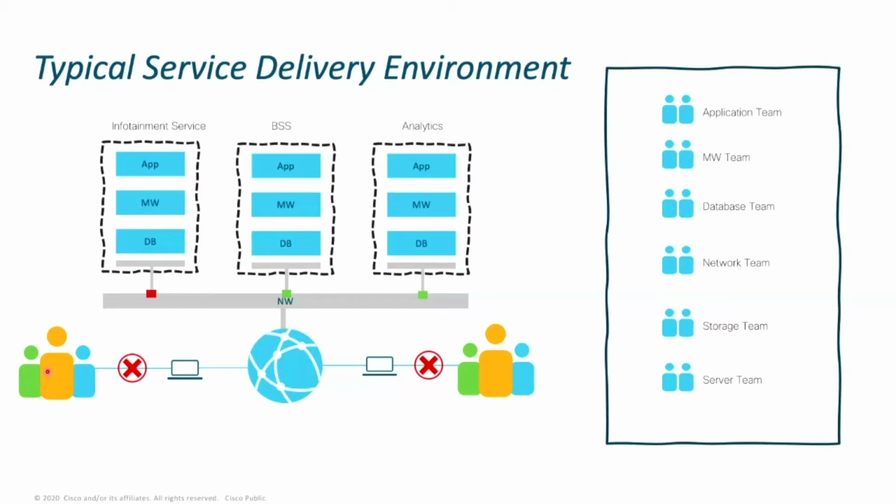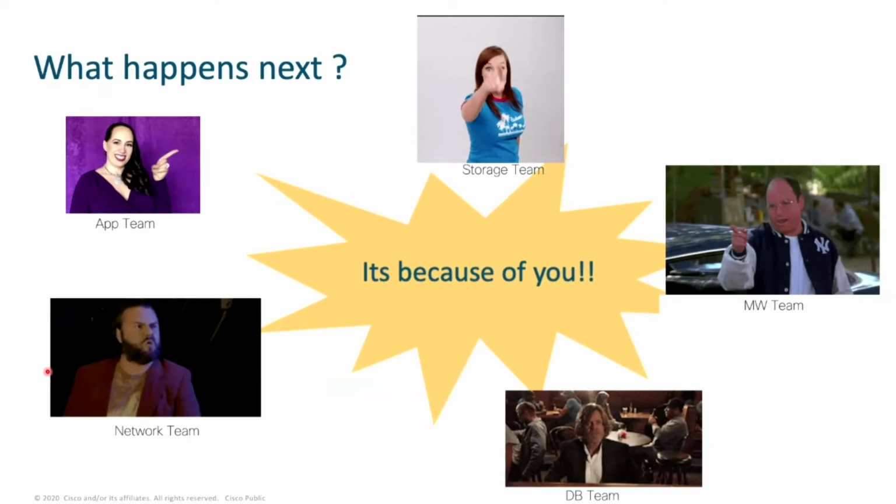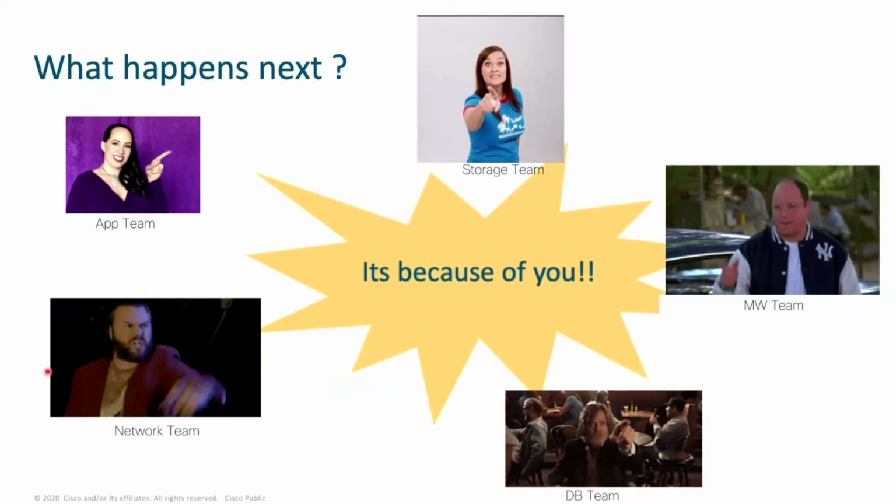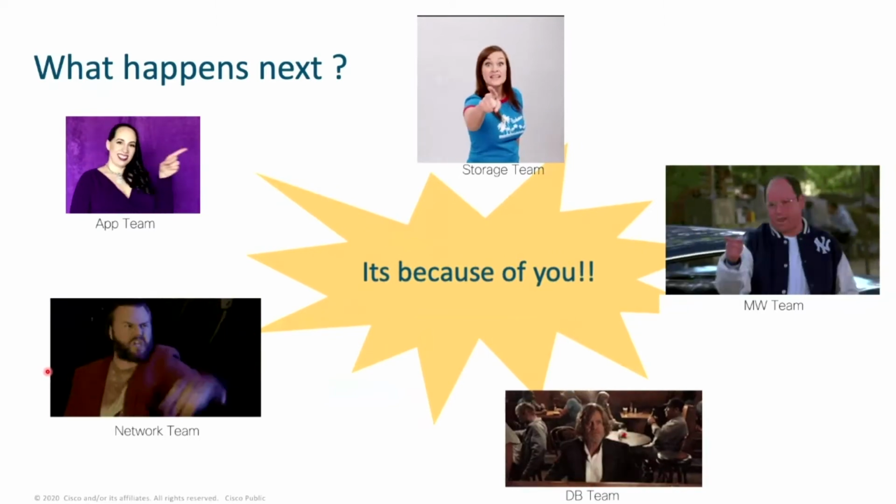Most of you would have experienced this at some point in your tenure in the operations world. Every team would be saying, it's not our fault, it's some other team's fault.